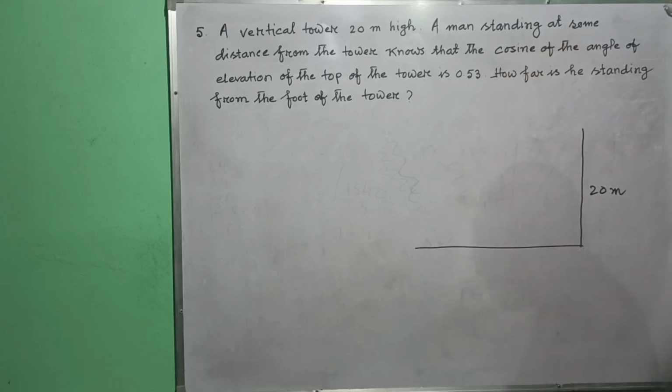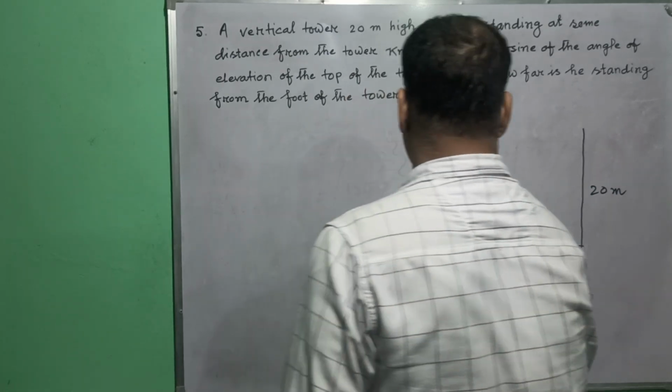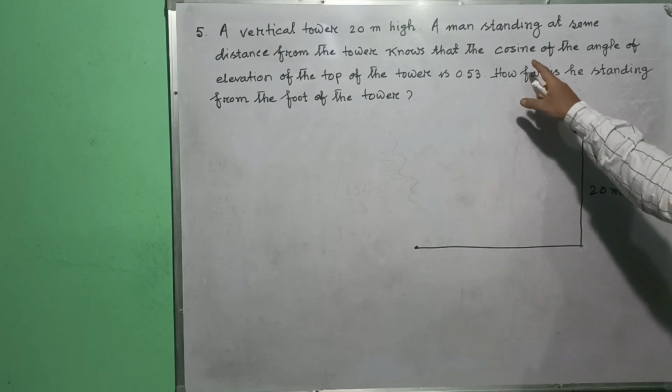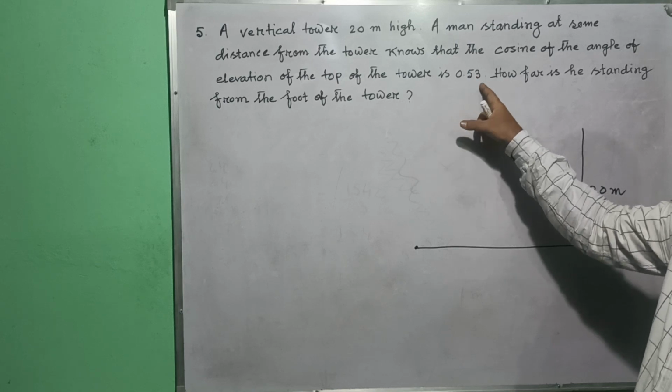At some distance, let this be the position of the man, and the cosine of the angle of elevation of the top of the tower is 0.53.